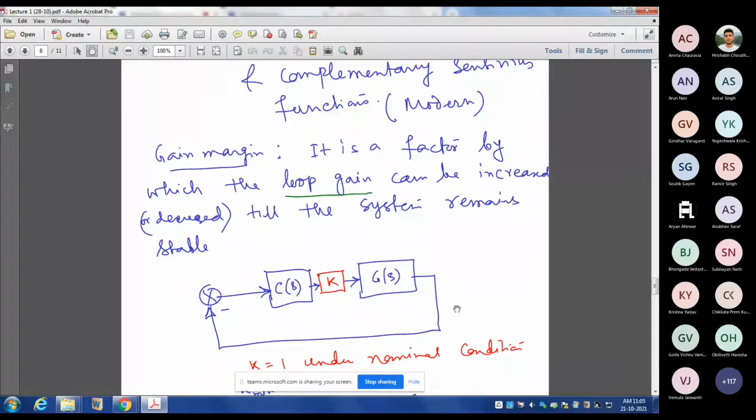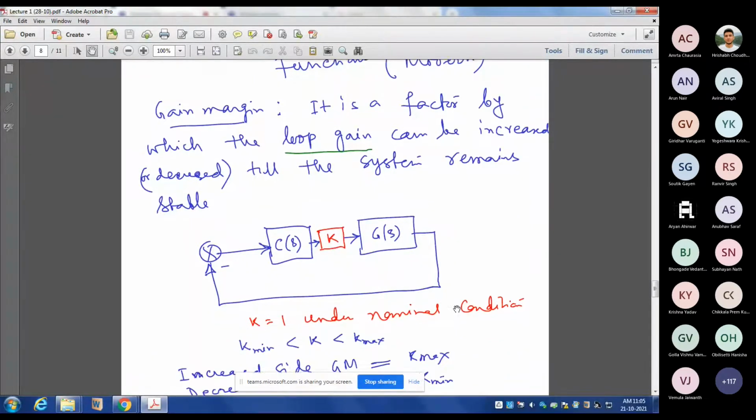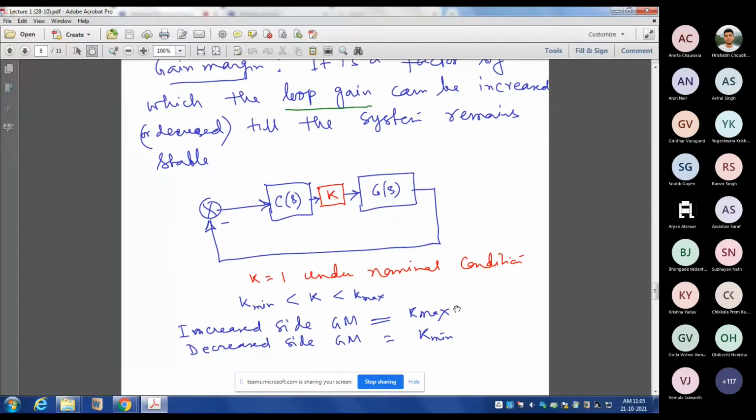I do not want to elaborate again. As we saw, if you have a feedback system like this, you have a plant G(s) and controller C(s) and my nominal loop gain. Suppose I have added a gain block here where the nominal gain is k equal to 1. Then k can be increased up to k max till the system remains stable, and can be reduced up to k min till the system remains stable.